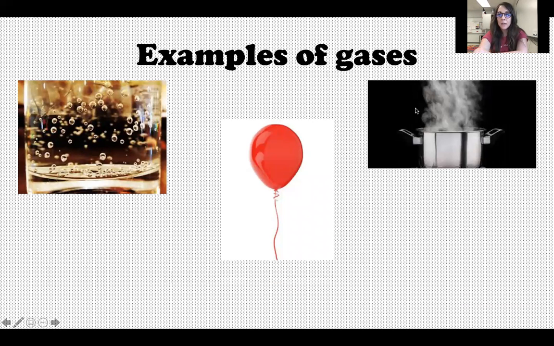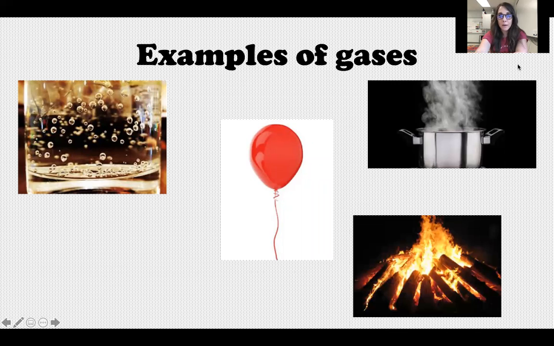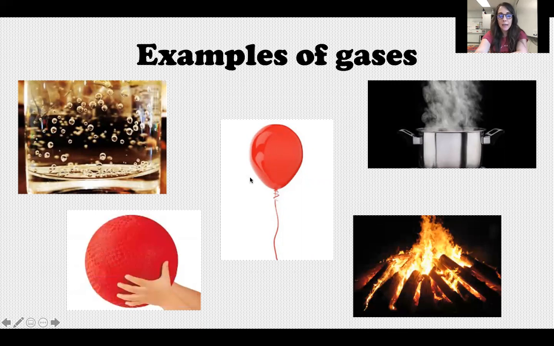The steam that comes up off of a pot of boiling water, that is a gas. That's the gas form of water, which we can call water vapor or steam. Fire is made up of different gases, and the air inside of a ball is made up of gases.